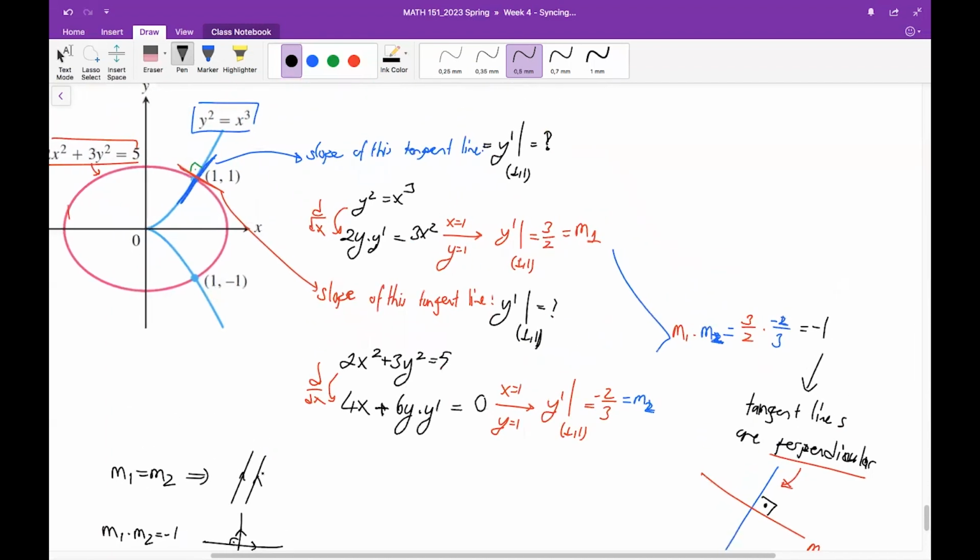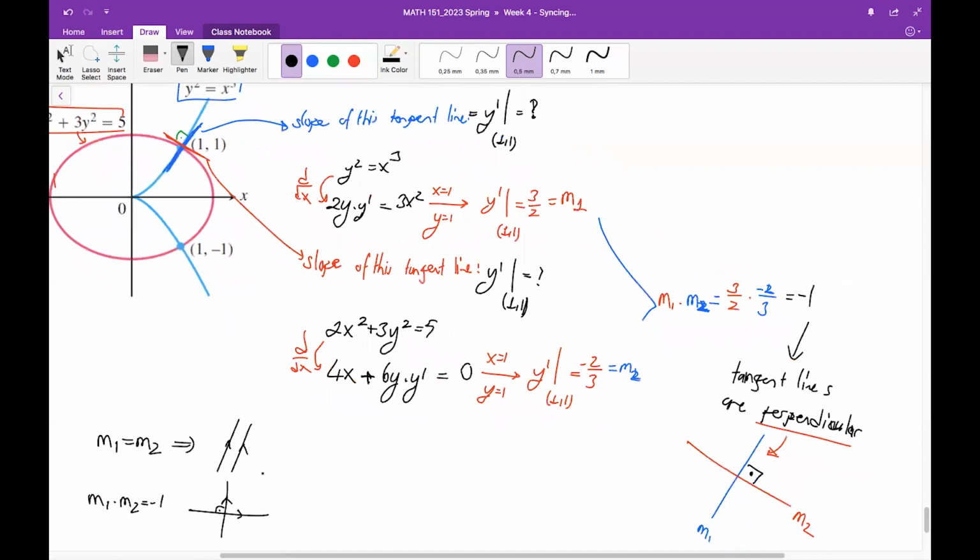By the way, for the last thing, let me remind you how we write the equation of the tangent line. By using this slope information, let's create the equation of this tangent line. Even if it is not required in the statement, just for reminding you, it goes like y minus y0 equals slope times x minus x0. So y minus 1, slope is 2/3, times x minus x0.